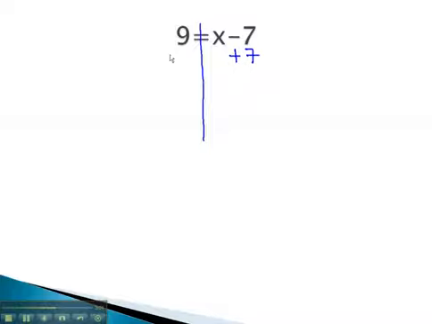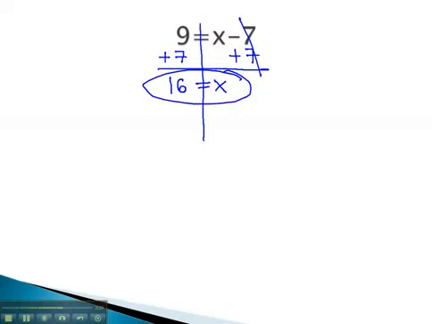Again, we will do the exact same thing on the other side of the equation, adding 7 to both sides. Notice the negative 7 plus 7 subtracts out to 0. We now have 9 plus 7, or 16, equals x. This is the number that x represents in this equation. Let's try another example.